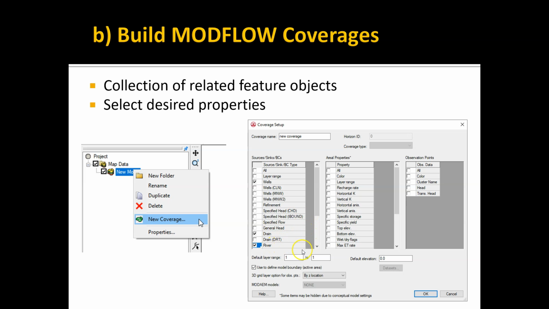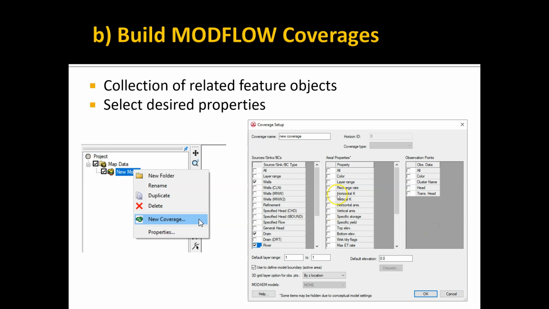And you'd have to scroll down to see if there's anything else selected. But once that is established, and you'd probably want to name your coverage something to help remind you what it's for, then when you go to create objects in the coverage, it allows you to assign attributes associated with wells, drains, and rivers.